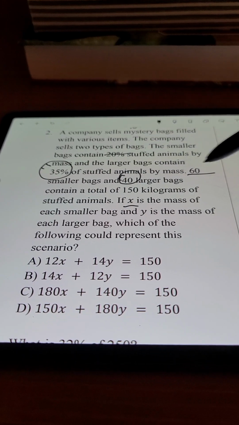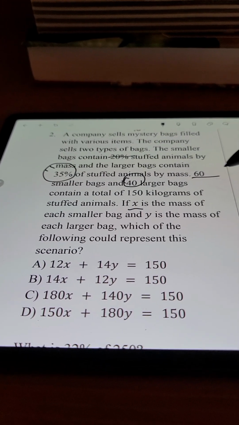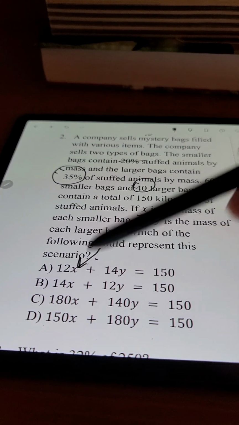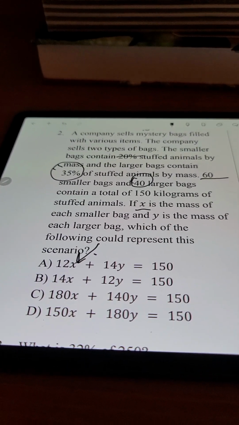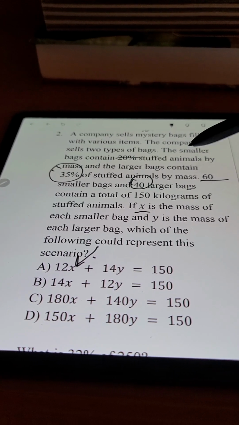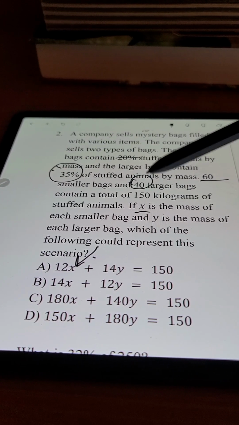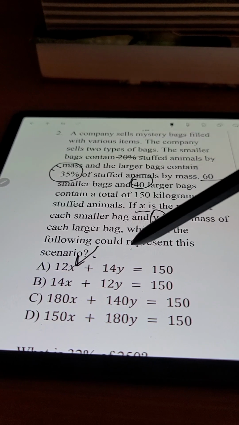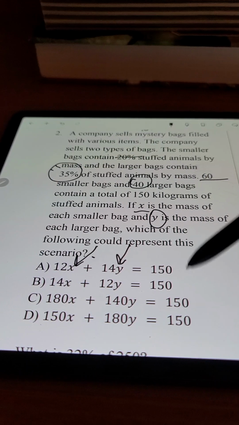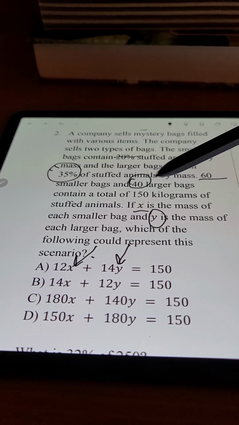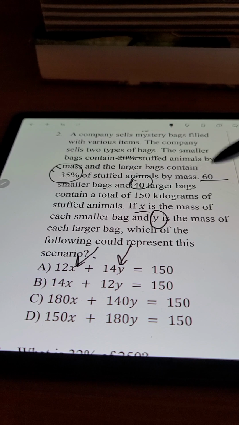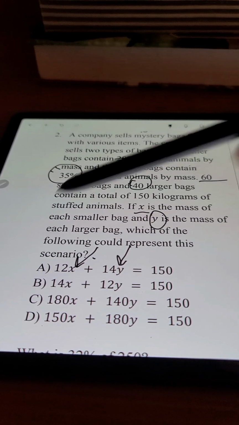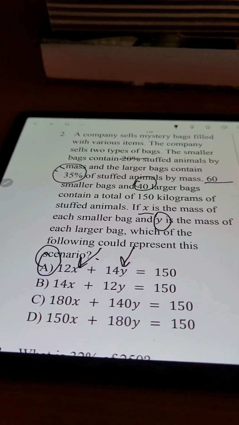And when you do 0.2 times 60, you get 12. So we should get 12 times x, like we do right over here. And then you follow that same routine for the larger bags of stuffed animals. So it would be 0.35 times 40 times y, which would give you 14y like we have here. And then when you add those together, you would get the total mass, which is 150 kilograms for those stuffed animals, which we do have right there. So the answer would be A.